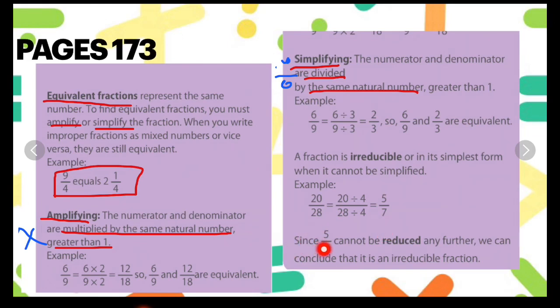Since 5/7 cannot be reduced any further, we can conclude that it is an irreducible fraction, because you cannot reduce it anymore, okay? This is what an irreducible fraction is: when in its simplest form it cannot be simplified. You just simplify it into the simplest form, okay?